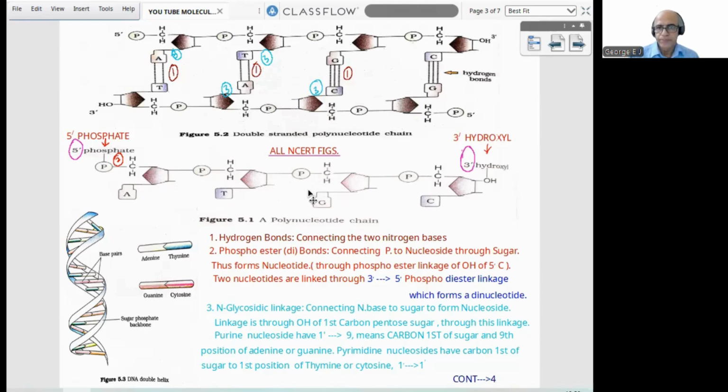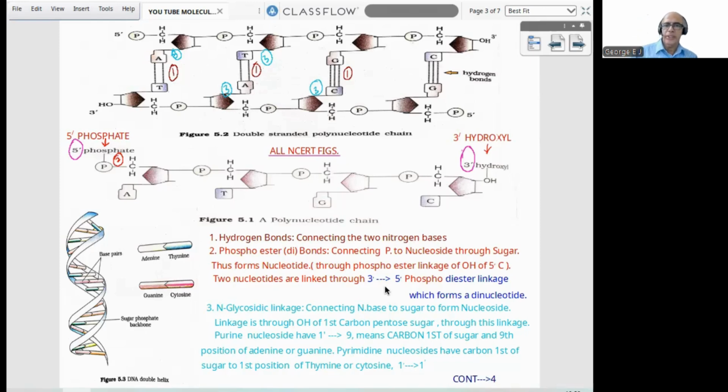Okay. Now, phosphodiester bonds connect phosphate to nucleoside through sugar and thus form a nucleotide. Nitrogen base plus sugar is a nucleoside. Nucleoside plus phosphate is a nucleotide, through phosphoester linkage with the alcohol of the 5th carbon. Two nucleotides are linked through this.